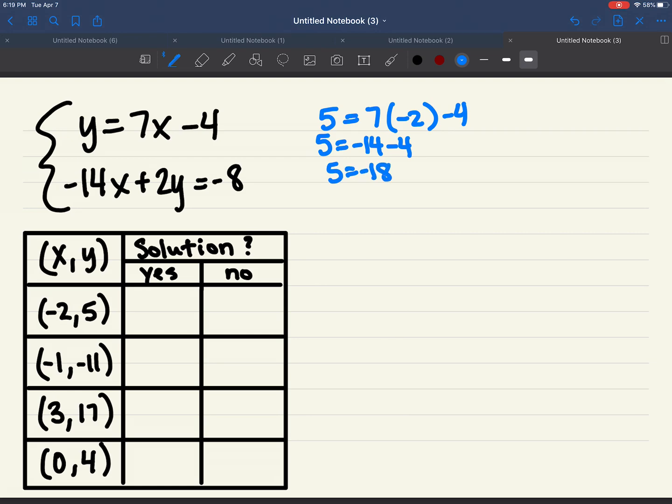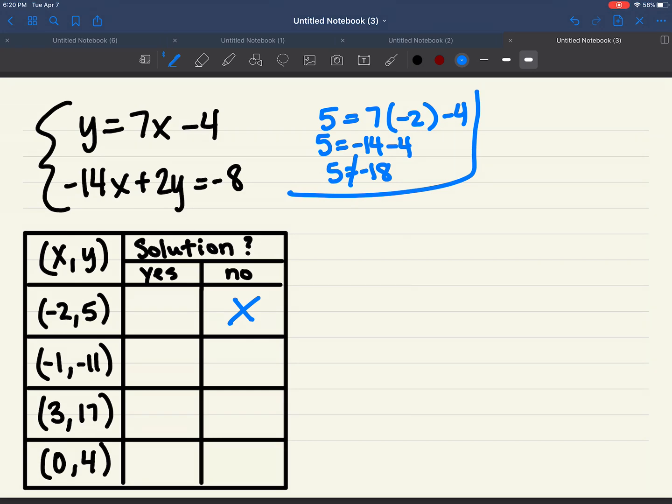Negative 14 minus 4 gives you negative 18. We know 5 is not equal to negative 18, so it's not even a solution to the first one. It doesn't matter if we plug it into the other one, because if it's not a solution to both, then it does not work. So we mark that one as a no.